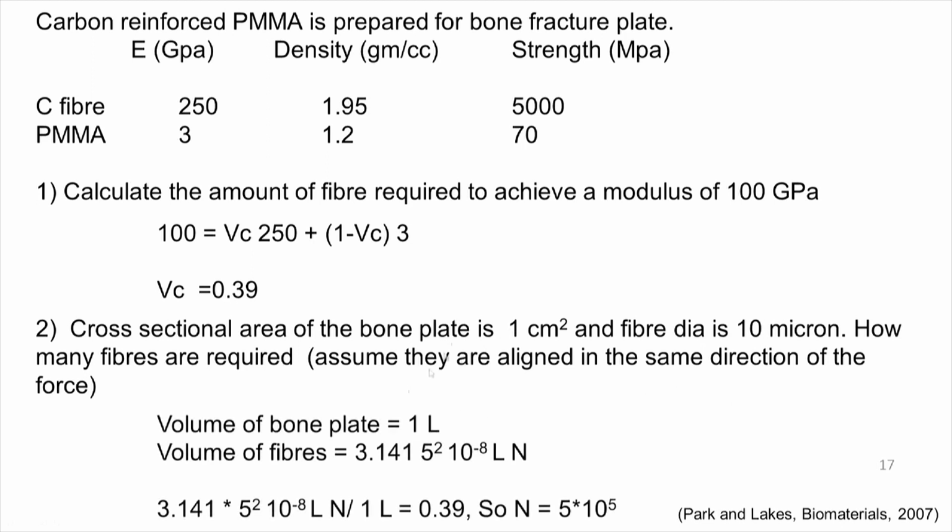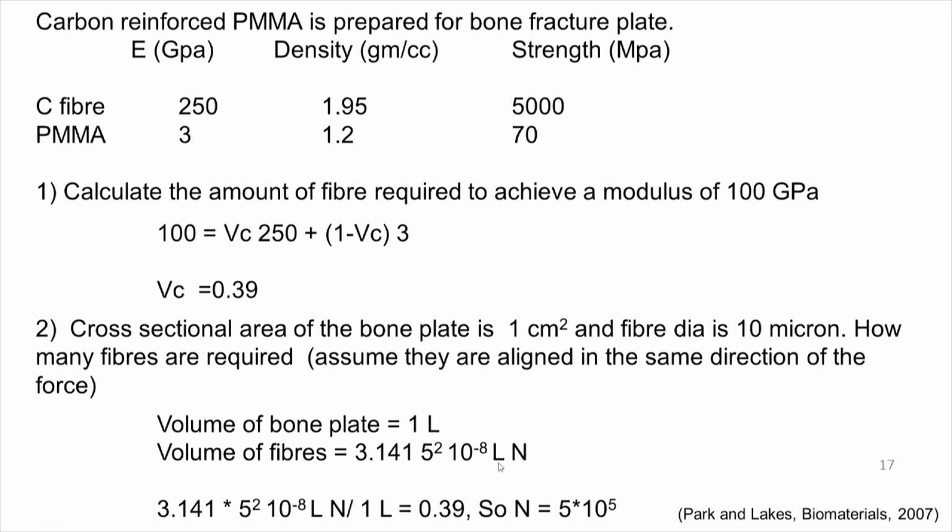So, the volume of the bone plate is 1 into L, L is the length of the bone plate. The volume of the fiber is pi r square, 3.141 multiplied by the radius squared. This is for converting micron to centimeter.